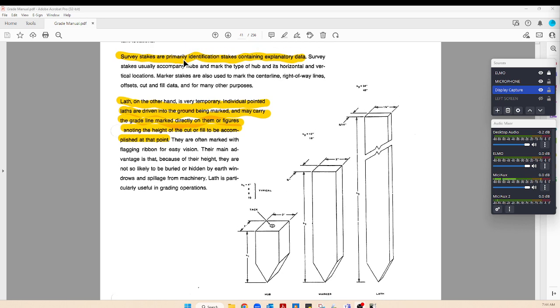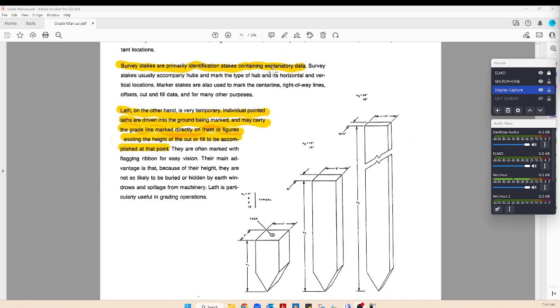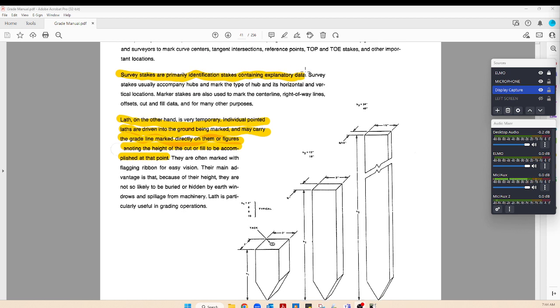Survey stakes are primary identification stakes containing explanatory data. This is like opening a set of instructions on how to put together a new grill when you buy it. That's what a survey stake is, and we'll get into more complicated ones as time goes by. Survey stakes usually accompany hubs.